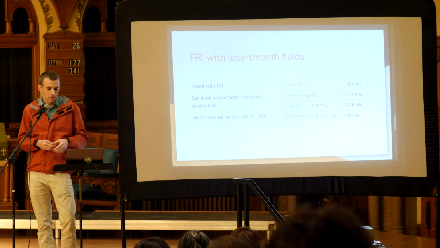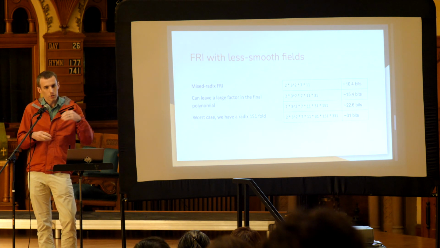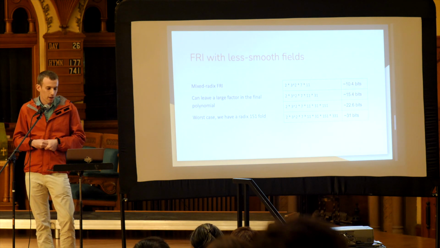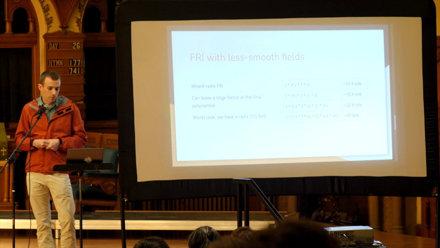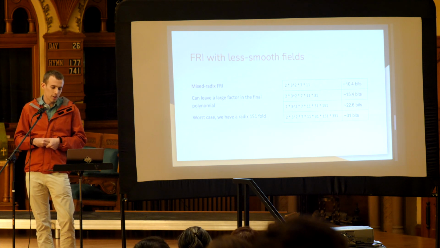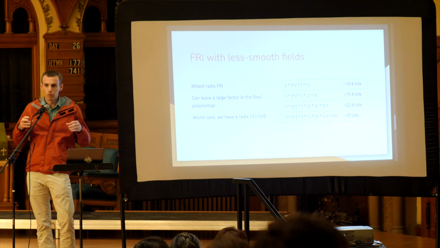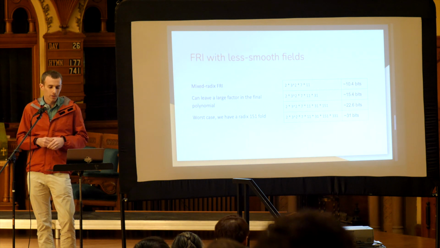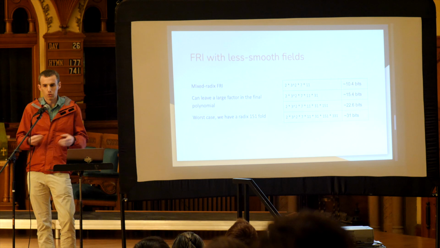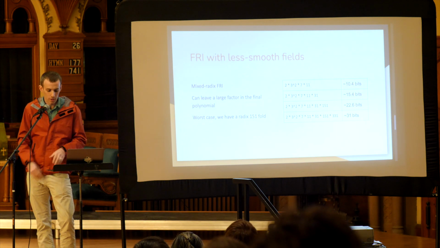But we can always leave a large factor in the final polynomial when we're using FRI. So I think that's one way we can mitigate this problem. And also, even if we end up having to do a really big fold in FRI, that hurts succinctness, but it's still not that bad compared to the BCG20 succinctness.